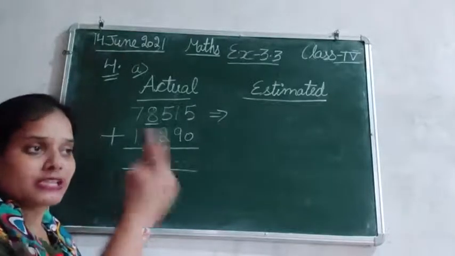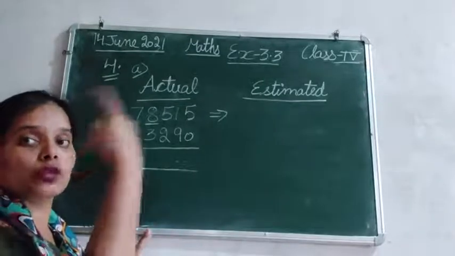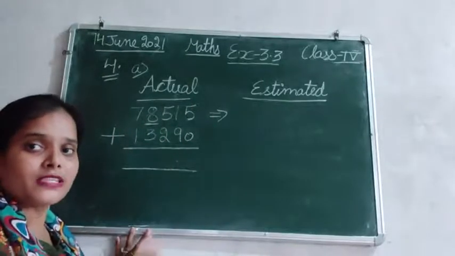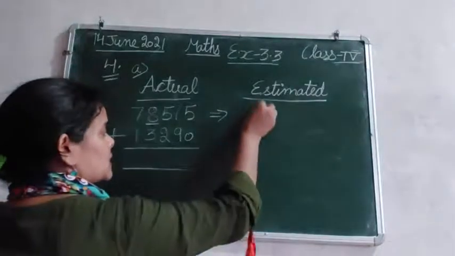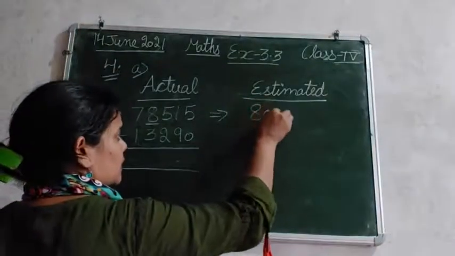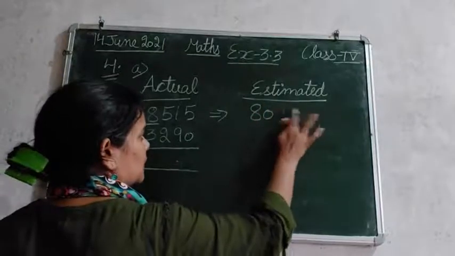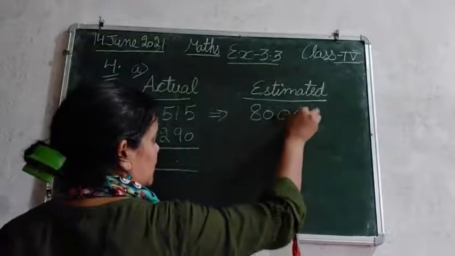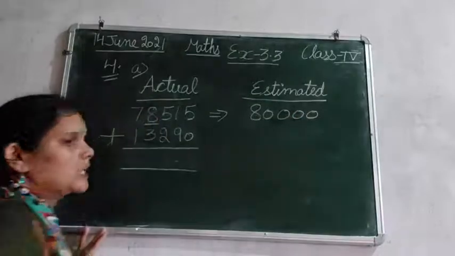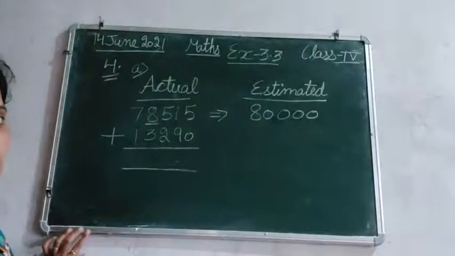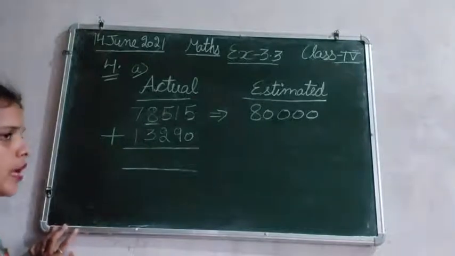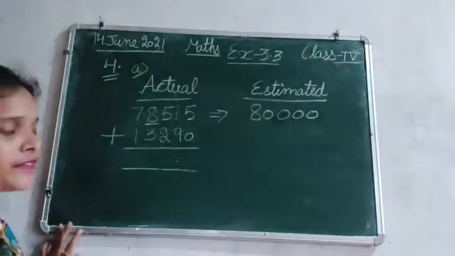So after 70, which is the next 10,000? That is 80,000. So 78,515 rounds to 80,000.